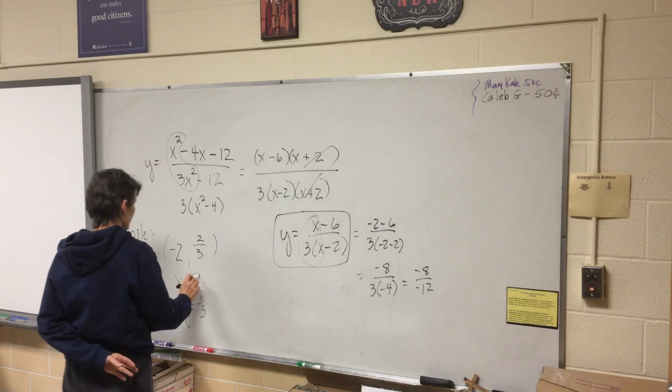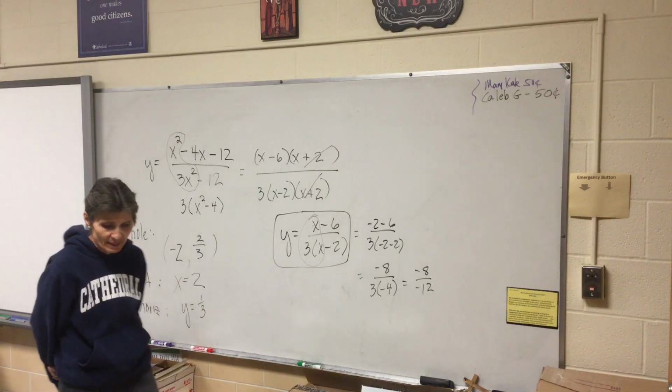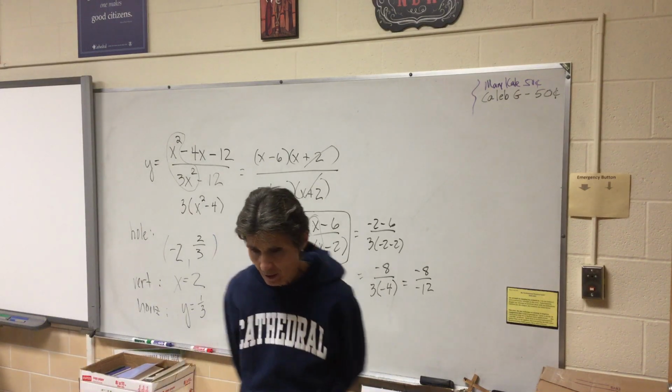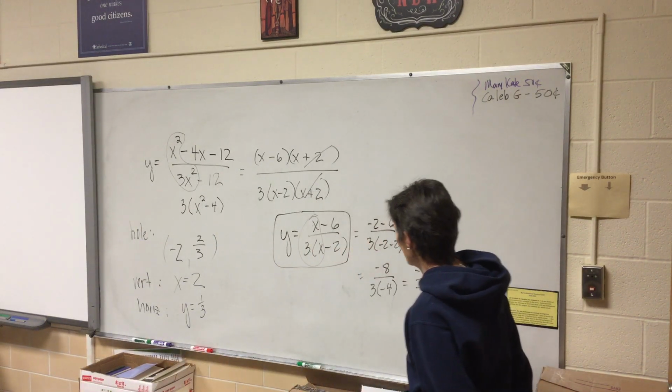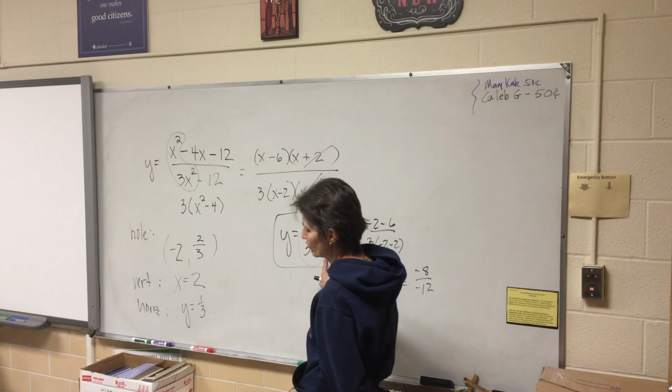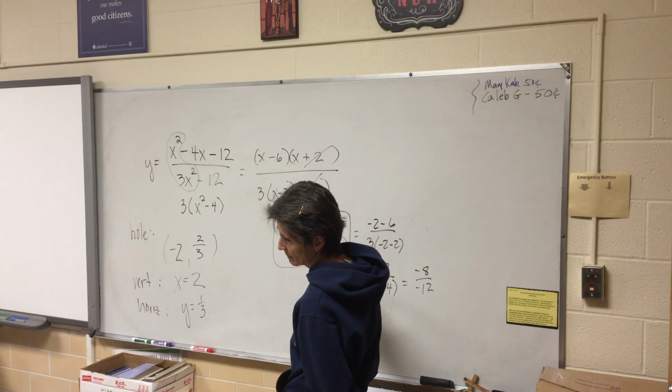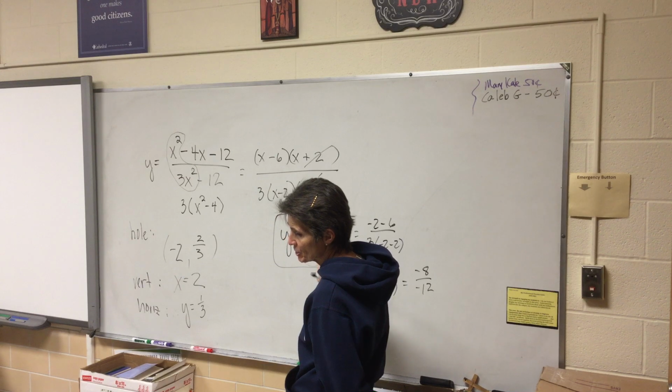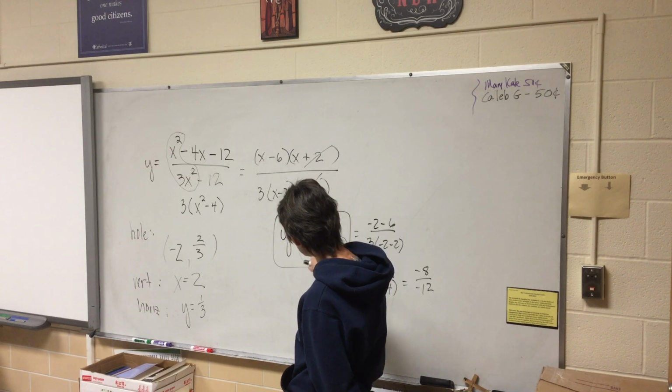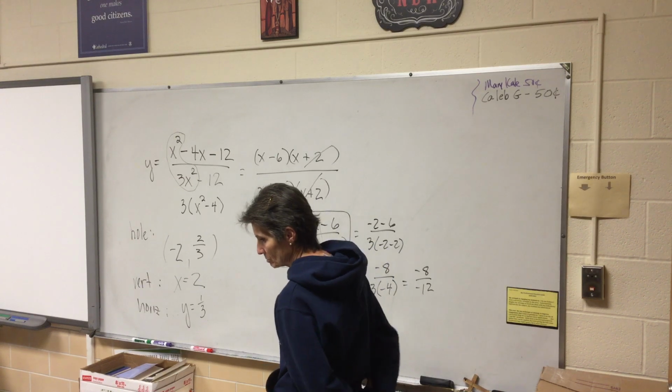Vertical asymptotes are what make the denominator 0. Whatever makes your denominator 0 is your vertical asymptote. X can't be 2, because if you put a 2 in there, you get a 0.